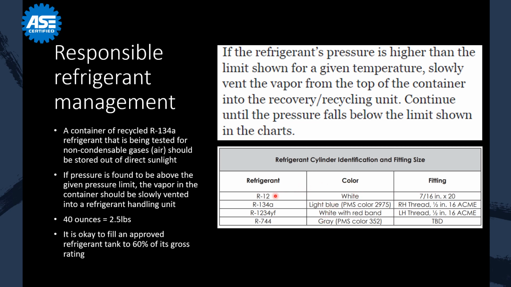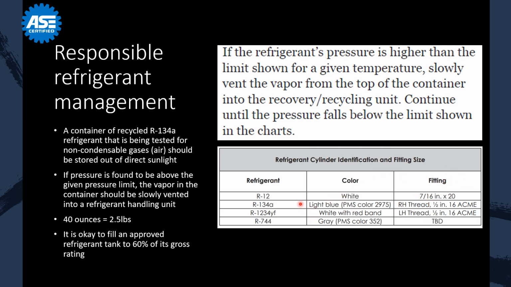And so this is another section. Another thing you're going to find in this section is how to identify a refrigerant based on the color of its container. As you can see, some of these have different fittings as well, and the R134A and R1234YF have a right hand and a left hand thread, so that you're not supposed to be able to mess this up, right?